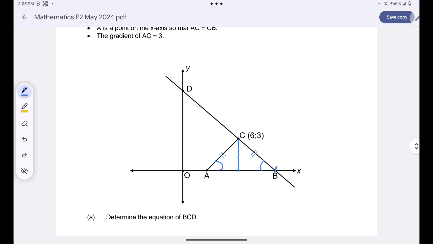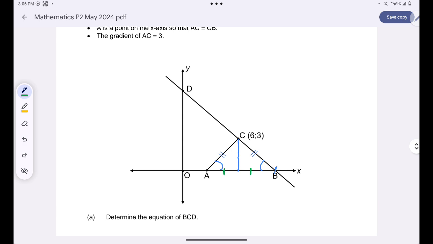That's the first thing which is equal, and we have a common side here, which is this perpendicular height. And then the two base angles of the isosceles triangle are equal. So we can conclude that these two triangles are congruent. When these two triangles are congruent, it means that this length is also equal to this one. So if I can find the coordinates of A, I can simply find the ones of B.